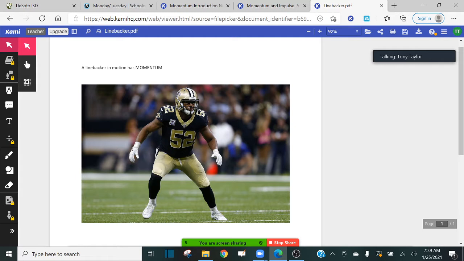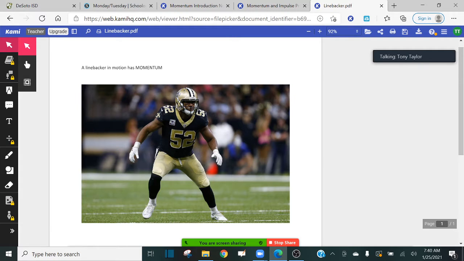If the linebacker is running at a small rate, in other words, let's say he's running at 2 meters per second, then we would say his momentum is low. But let's say he's running at 7 meters per second, then we would say his momentum is high. Okay, so depending on how fast the linebacker is running, he may have high or low momentum.